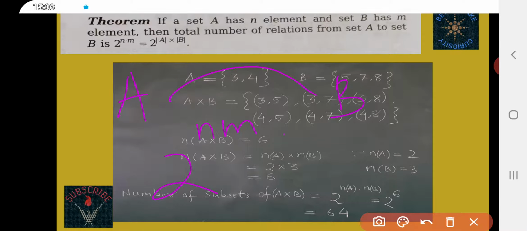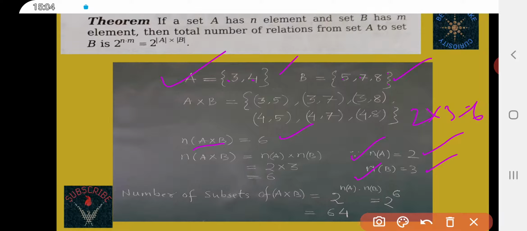See, set A contains 3, 4. Set B contains 5, 7, 8. So the number of elements in set A is 2 and the number of elements in B is 3. So the number of elements in A cross B is equal to 6, 2 into 3, 6.